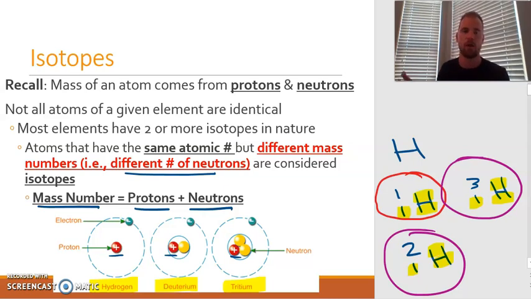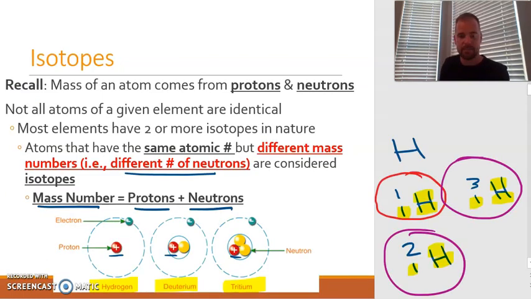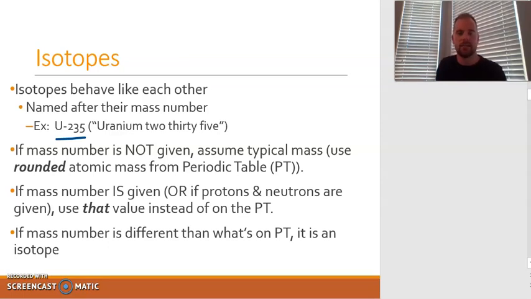So we gave up calling atoms by different fancy names, and we just name isotopes by the element name and then a dash and whatever the mass number is. So we would say, for example, this isotope's name is uranium-235. So now we just name isotopes not using fancy Latin names like we did for hydrogen here and here. We just name it based on its name as an element and then its mass number.